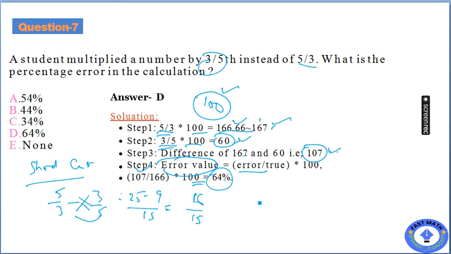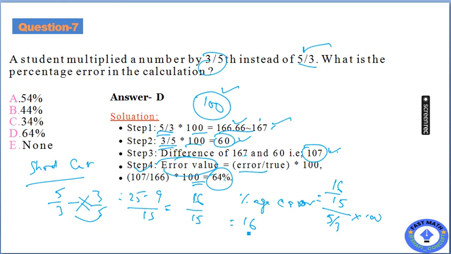If you are going for the percentage error, 16 by 15 divided by 5 by 3. This is the actual multiplication to be done by the concerned. This is nothing but 5 by 3 into 100.